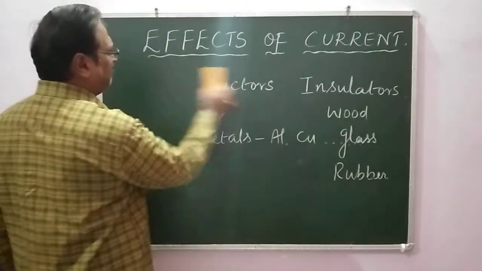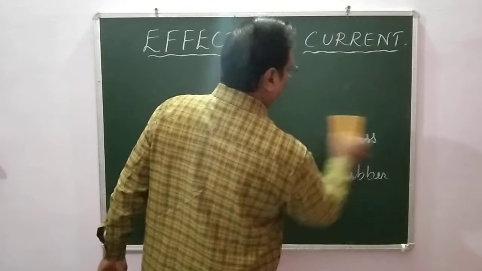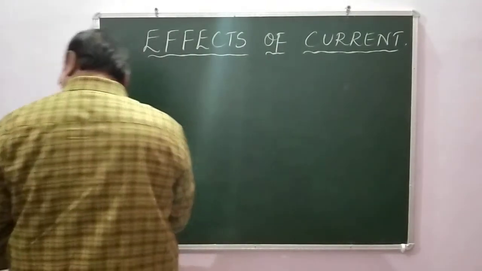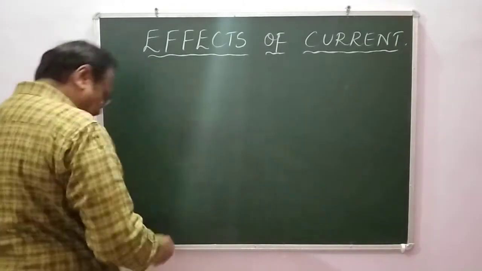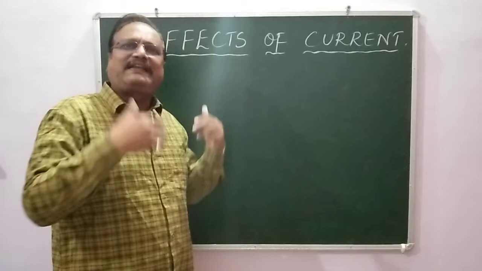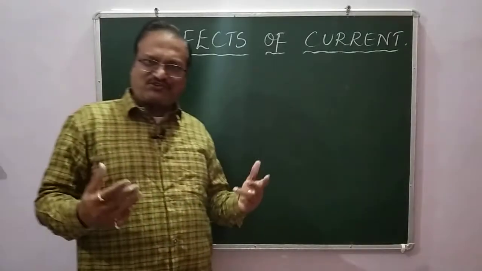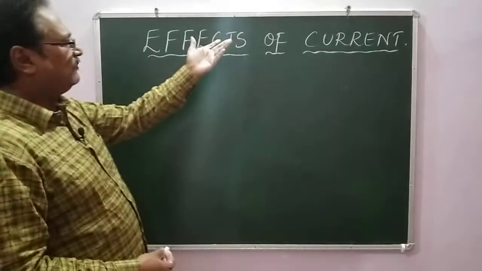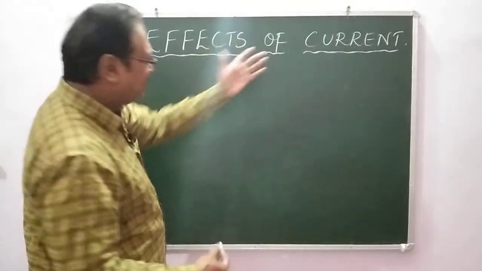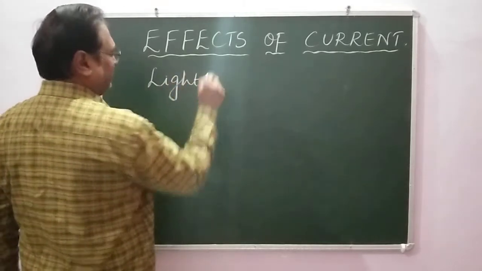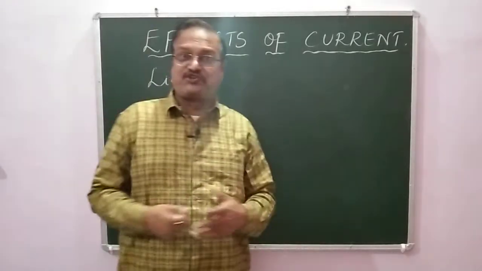So with this in mind, we will move to the effects of electric current. What is the effect of electric current? What can electricity do? You see it is giving light, so from electricity I can get light energy. That is one of its effects. This is winter season.